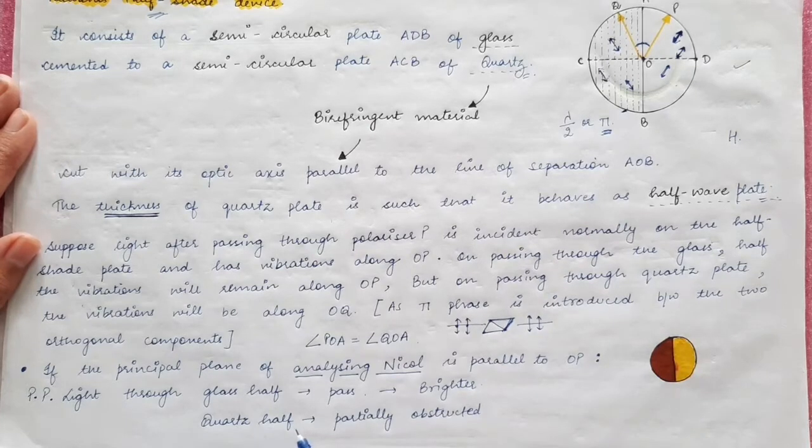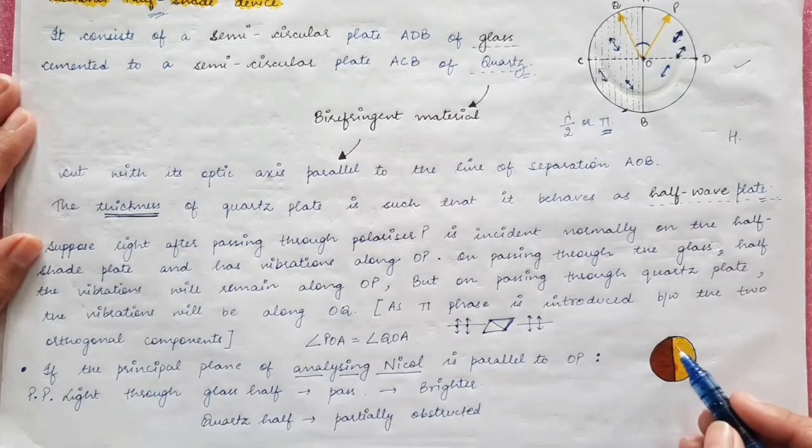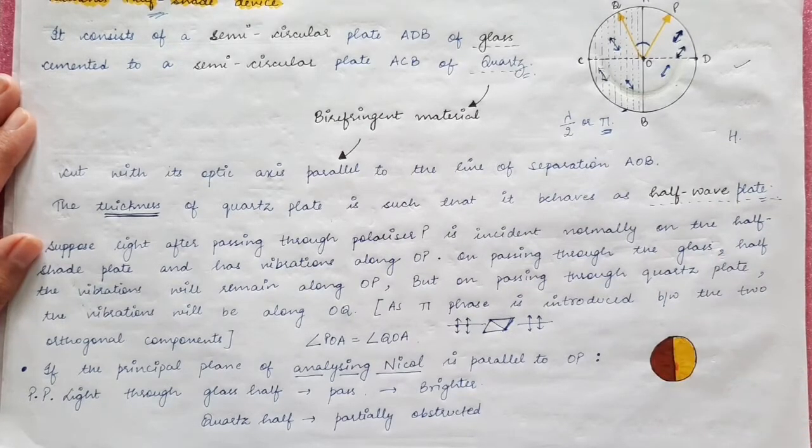Now the light coming from the quartz half and passing through the same analyzer, in the same position, will be partially obstructed, and its intensity can be easily found using Malus law. Therefore, the other half of the half shade device will appear comparatively dark. So this will be brighter as compared to this portion.